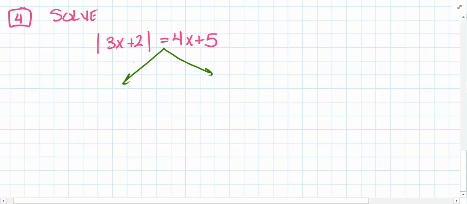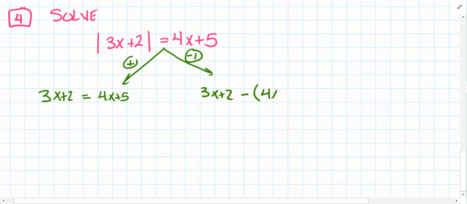Let's go the negative direction. And there's your negative 1, right? So that is going to be part of it. So we're going to have 3x plus 2 is the positive of 4x plus 5, and the 3x plus 2 is the negative of 4x plus 5. Or, as Rachel said, multiply the right side by a negative 1 on this side, which makes total sense, okay?